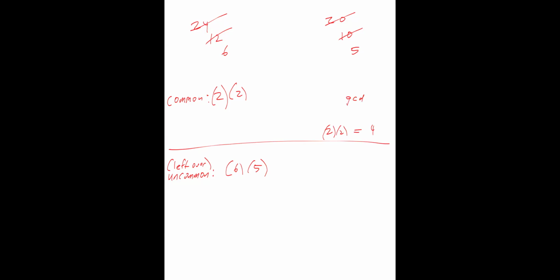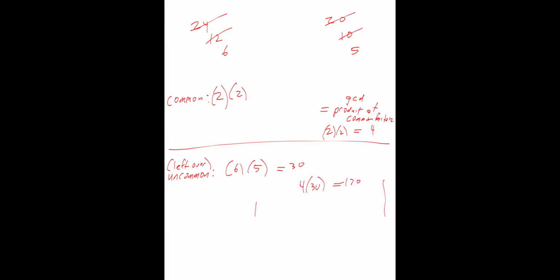The greatest common divisor is equal to the product of the common factors, basically. And then the leftover ones, what is 6 times 5? That's 30, right? If you take the number 4 times 30, you'll get 120.